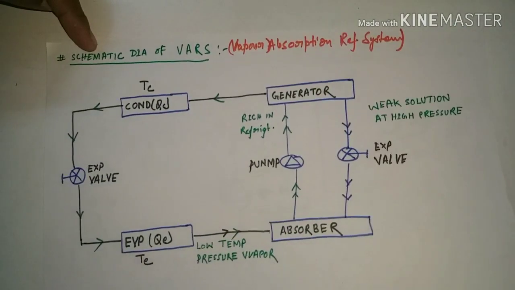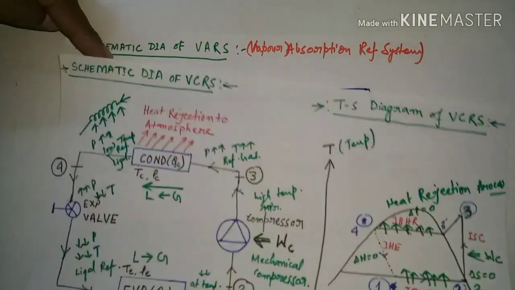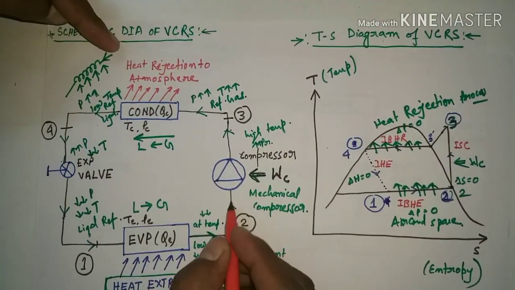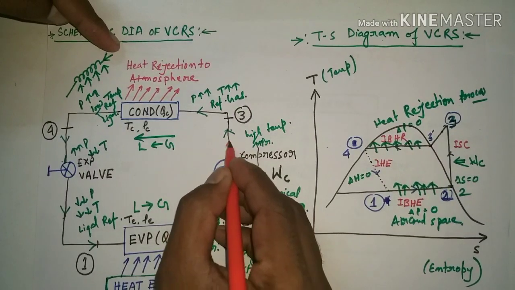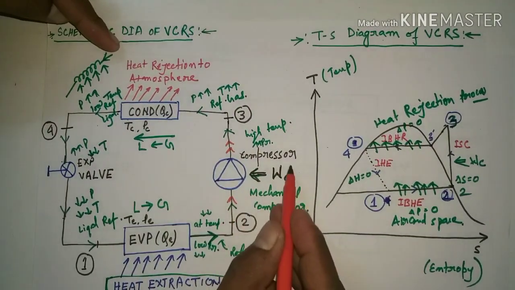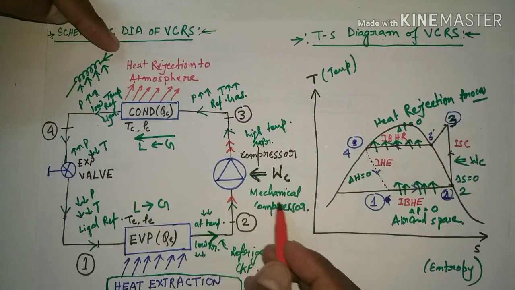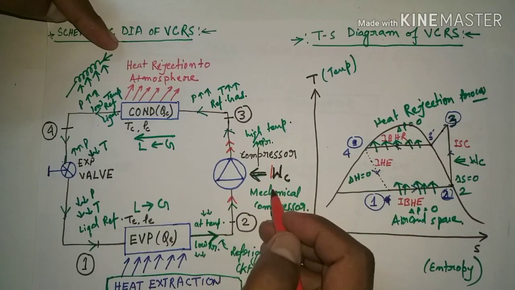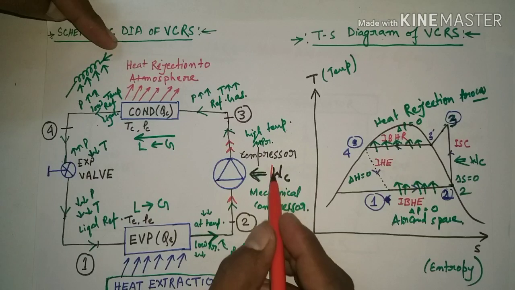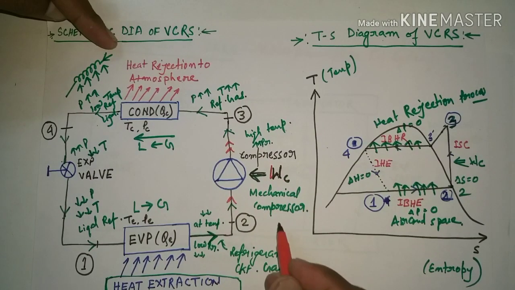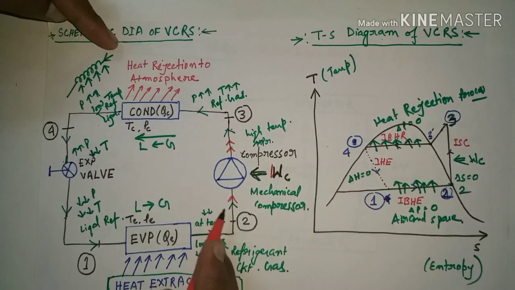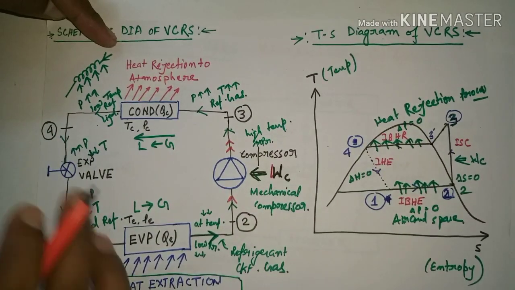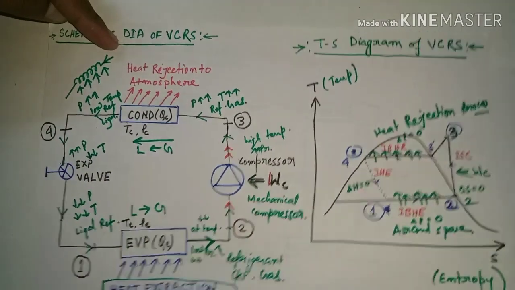Let me tell you again and again, the way by which we compress the refrigerant gas in the vapor compression refrigeration system is by mechanical compression. That means we have to apply work of compression. Due to this mechanical work of compression, the refrigerant is compressed, then it starts condensing and the circuit is running.